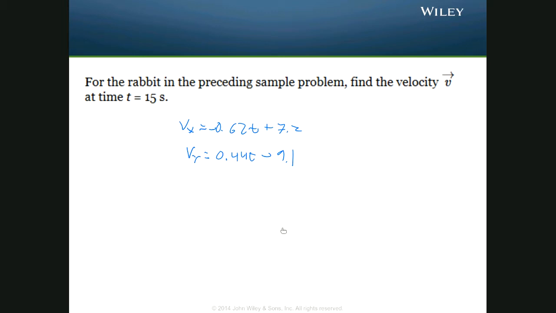So negative 2.1 in the x direction or the y direction?